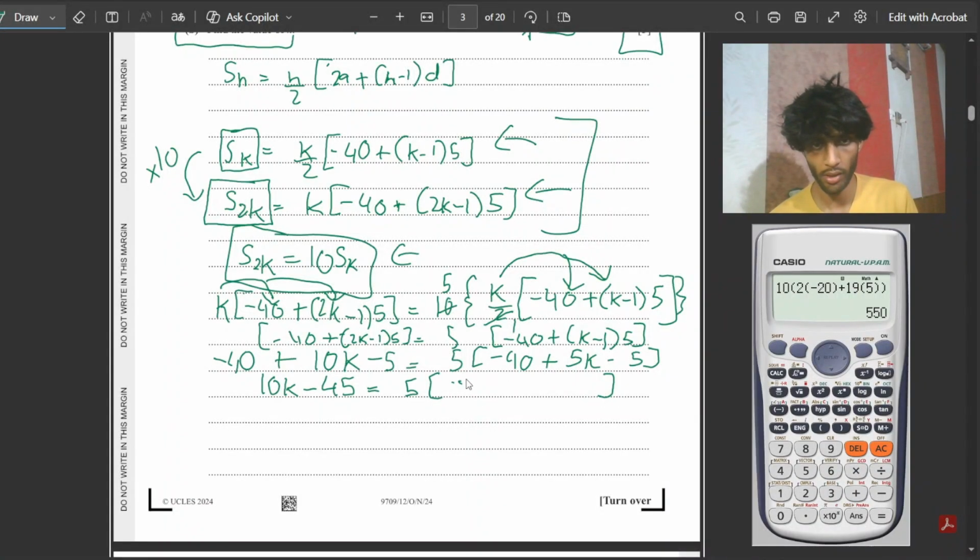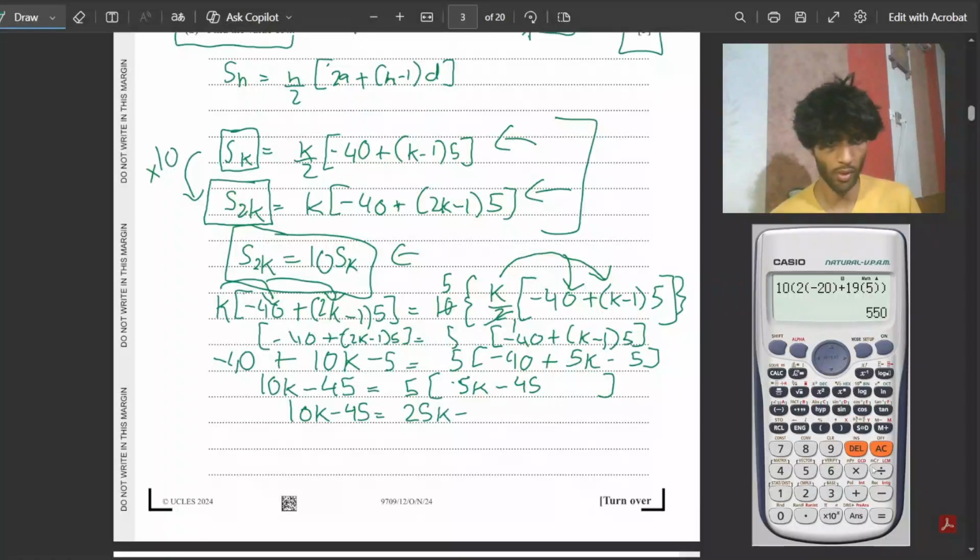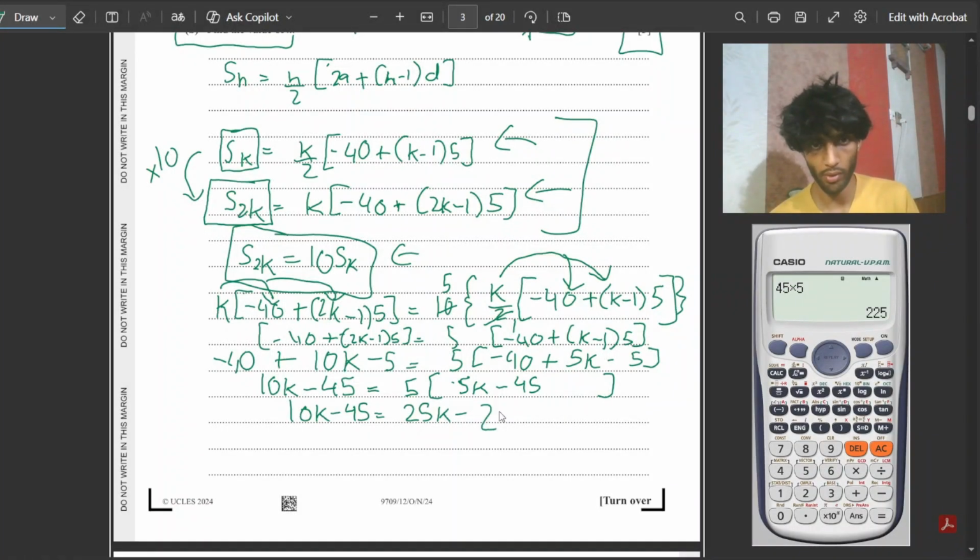That's also going to be negative 45. And now we can multiply that 5 inside the bracket. So we're going to get 5 times 5 is 25k minus, what's 45 times 5? 45 times 5, that's equal to 225. Okay, let's take the k terms to one side and the constant terms to the other side.